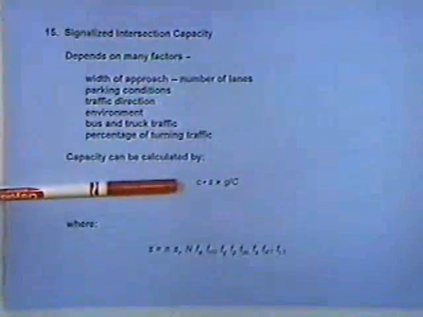Capacity at a signalized intersection can be computed by the equation in the middle of the page. It's simply equal to the saturation flow rate, very similar to saturation flow on a freeway, multiplied by g over C, or the proportion of the time that the signal is green for that particular approach to the intersection.